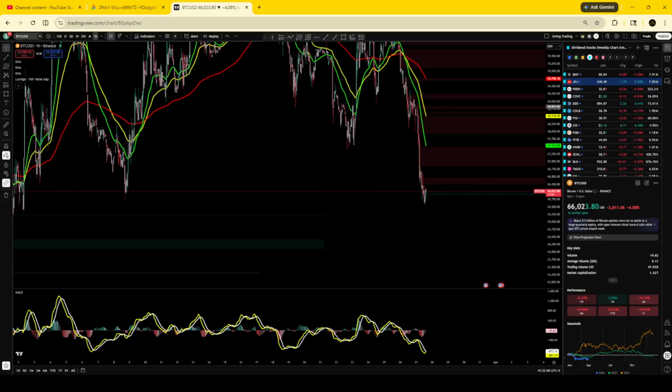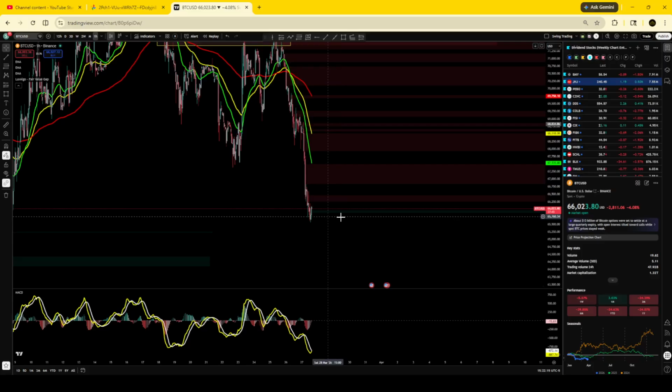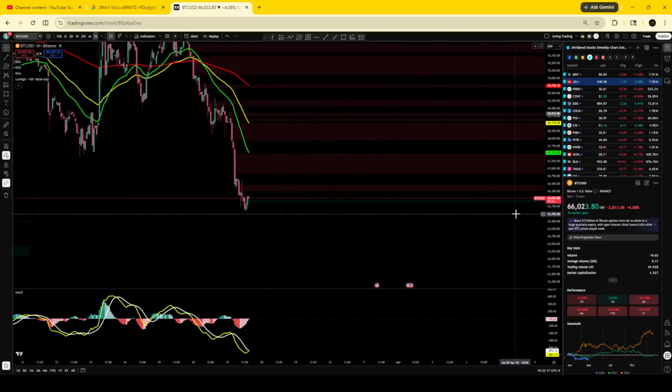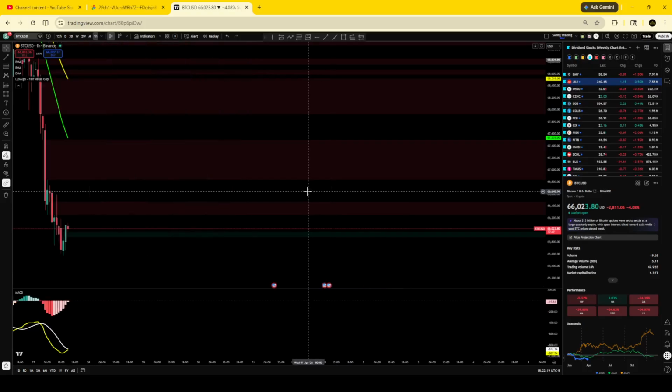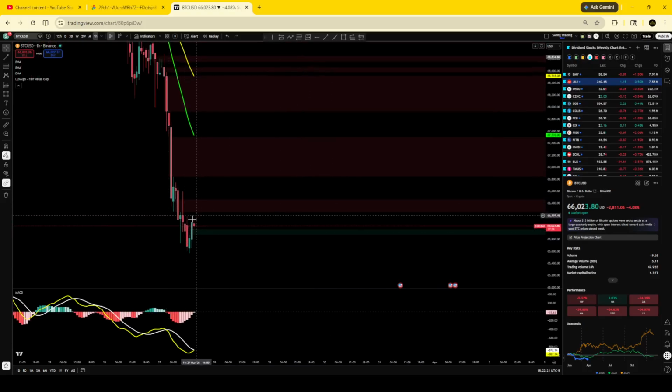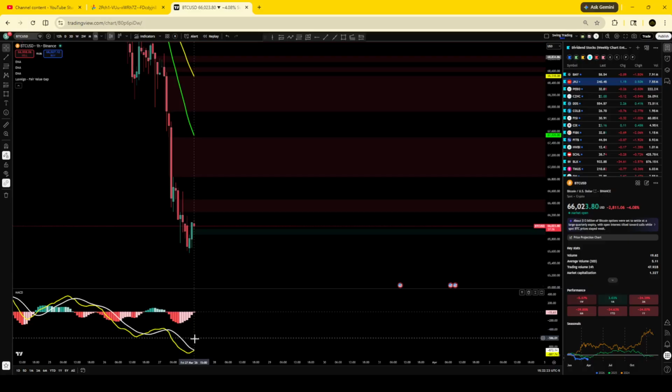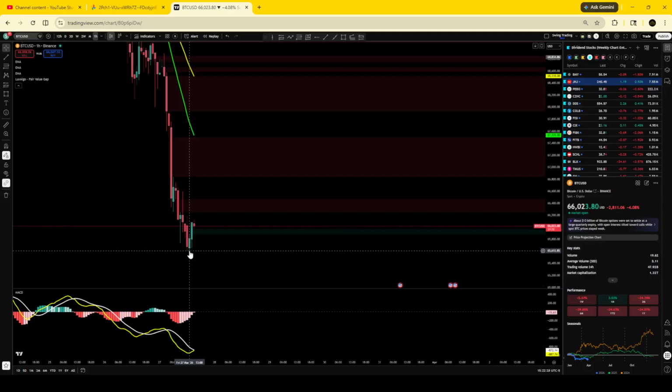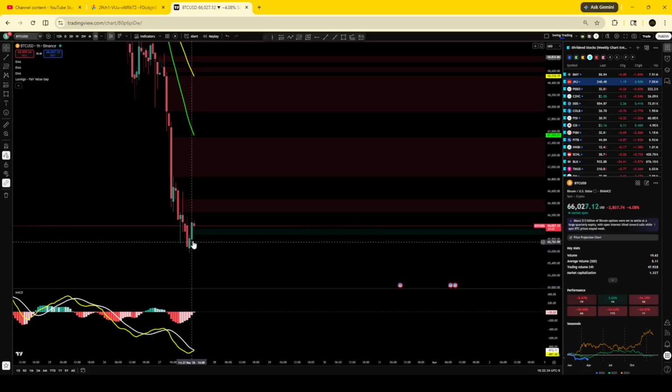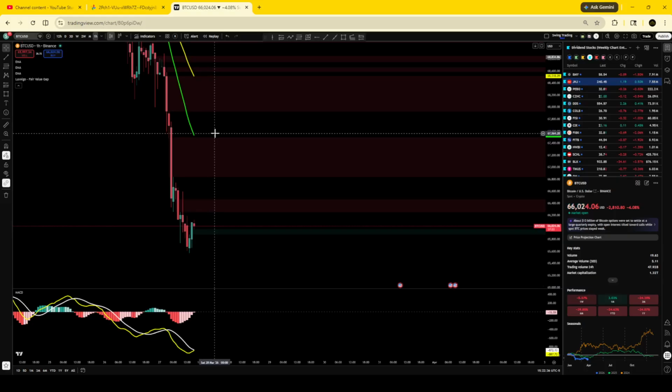So support is an area where buyers step in. Of course, support, the ground is support. As you can see, buyers are actually starting to step in based on the crossing of the MACD, a 3 candlestick chart pattern, reversal, engulfing candles, and some ways away from the 30-day EMA.